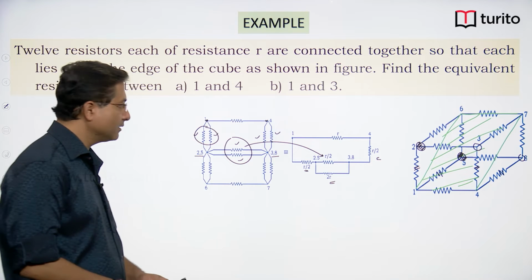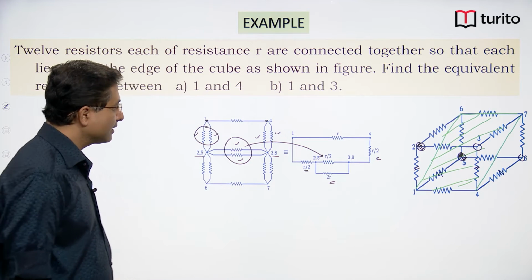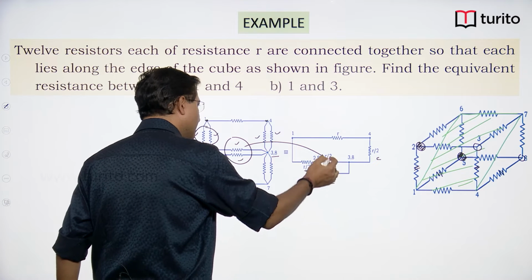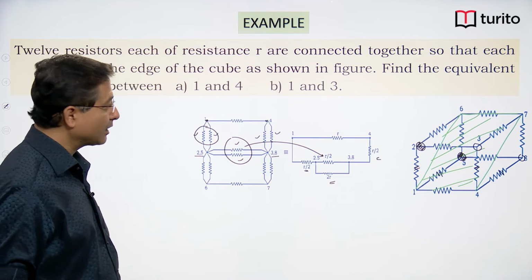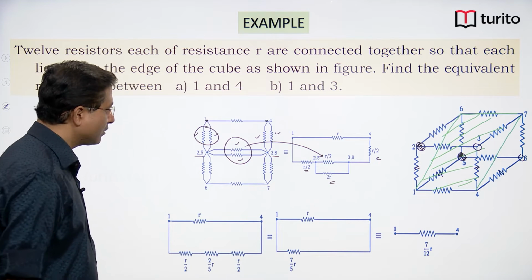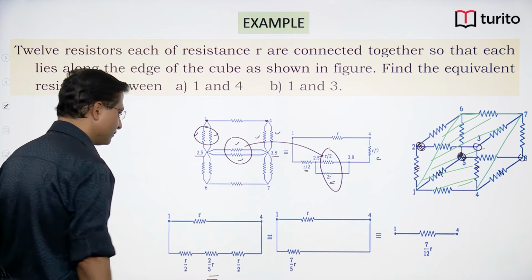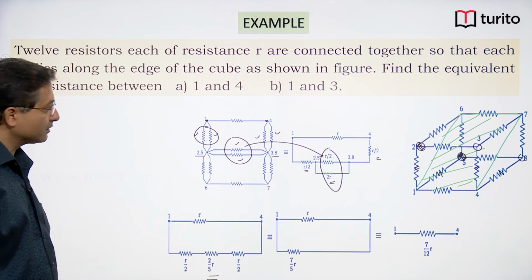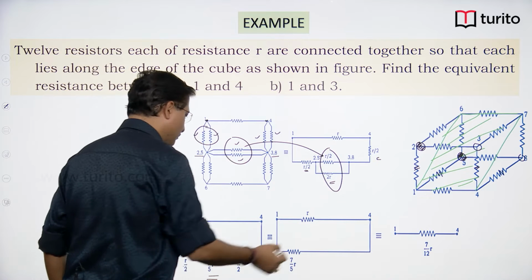Now we start seeing all the series parallel combinations, and here this 2R and 2R, 2R and R by 2, they are connected in parallel. So what I can draw here for this part is 2R by 5 parallel combination, and this R by 2, and this R by 2.